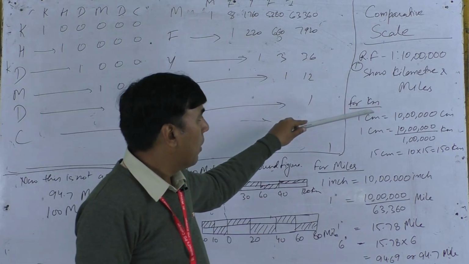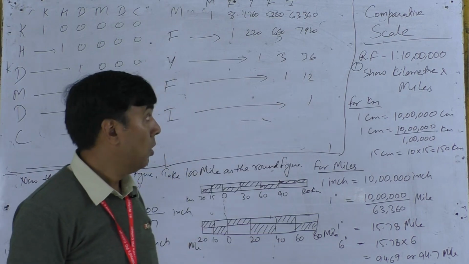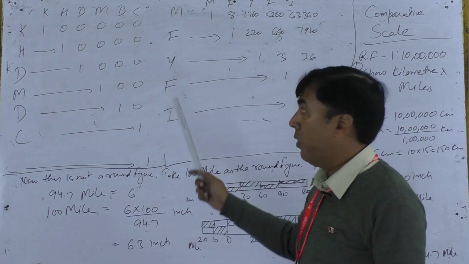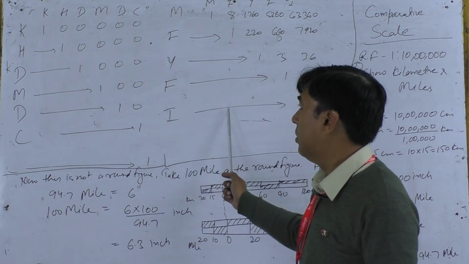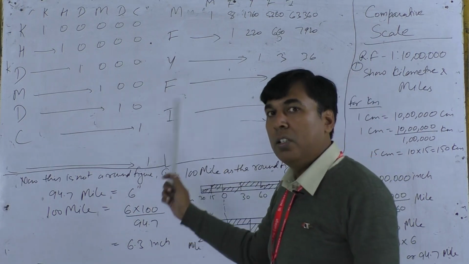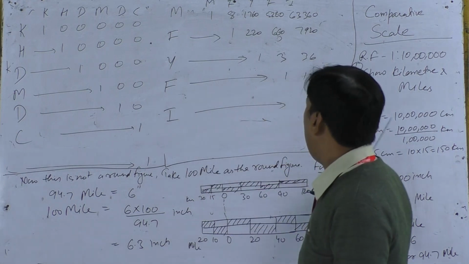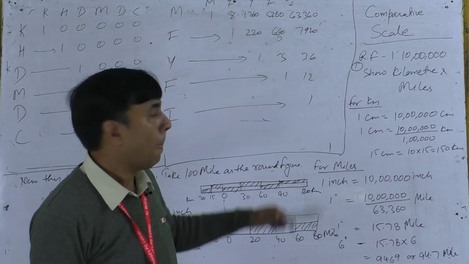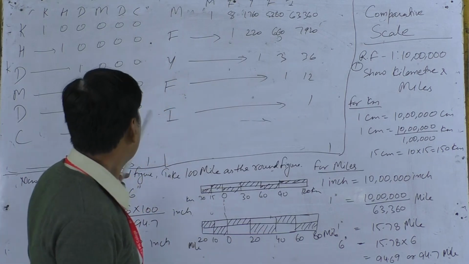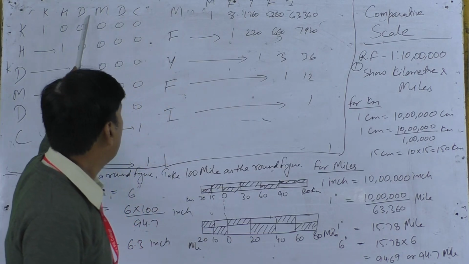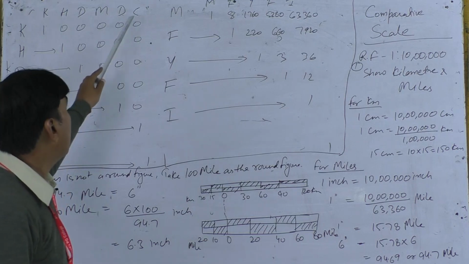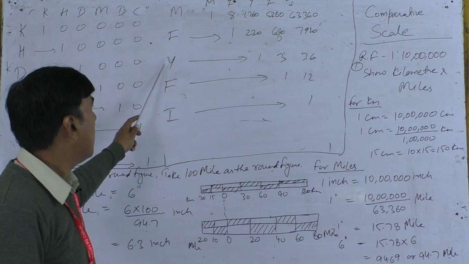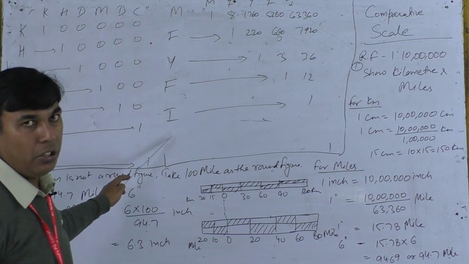For kilometer, first of all, what will we do? So remember this table. Without this table we cannot simplify the question or numericals. Okay, so once again, kilometer, hectometer, decameter, meter, decimeter and centimeter, and here mile, furlong, yard, feet and inch.